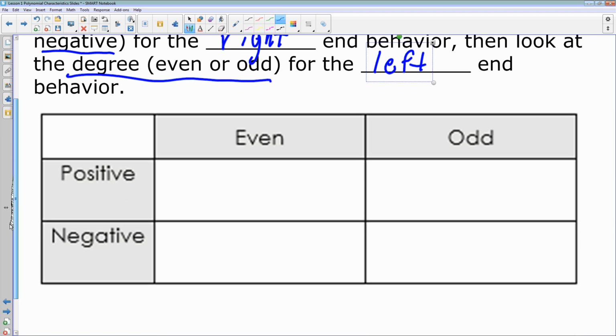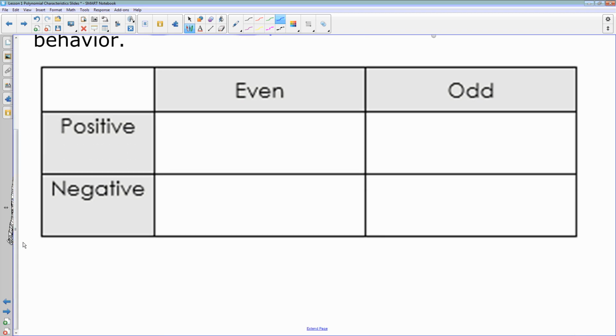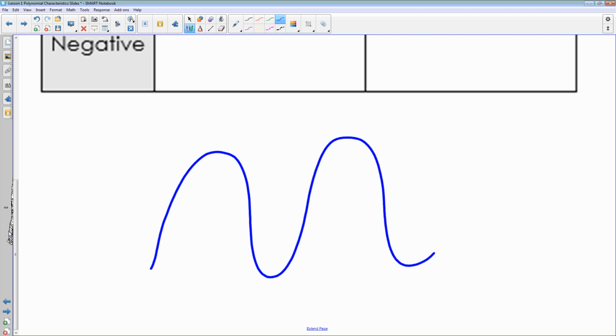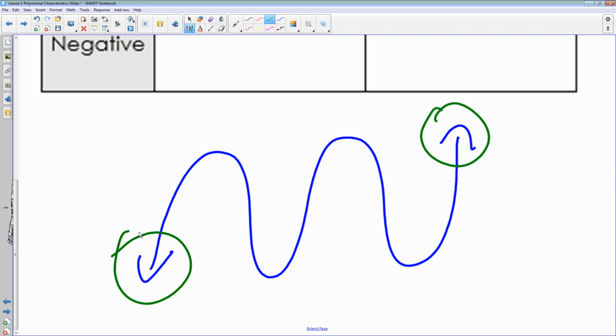Now end behavior, think back to your good old Algebra 2 days. So I'm going to go down a little bit on this blank space. No matter what our function looks like, it could be crazy looking, end behavior is talking about what your arrows are doing. So if I looked at this arrow right here on the left, this is my left end behavior.